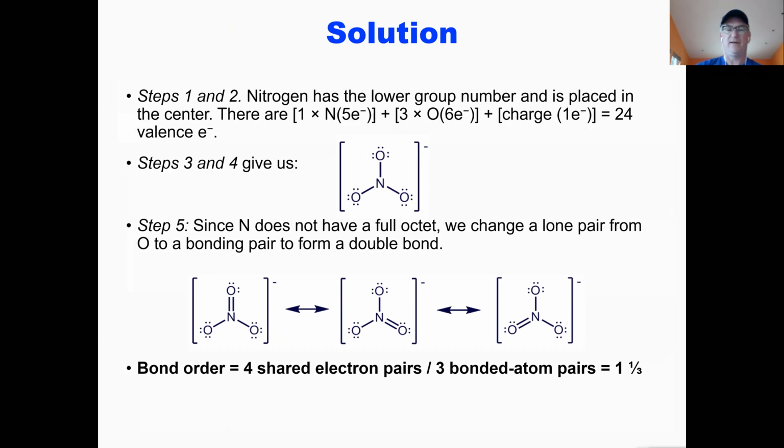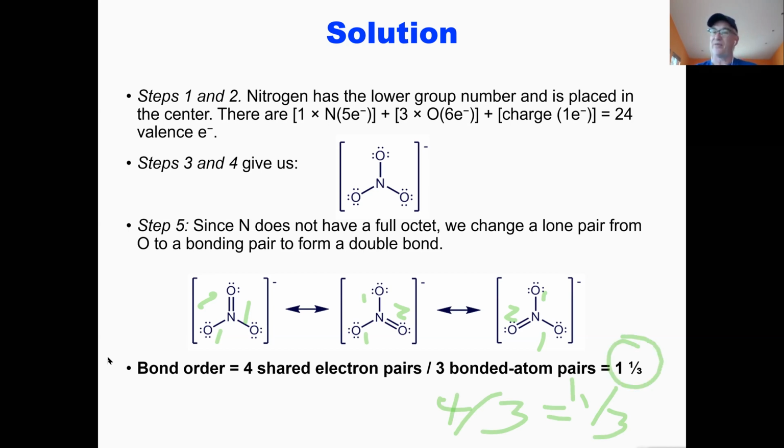So we have 4 shared pairs: 2, 1, 1. 2, 1, 1. A total of 4 bonded pairs and 3 places to put them. So we have a bond order of 1 1/3.